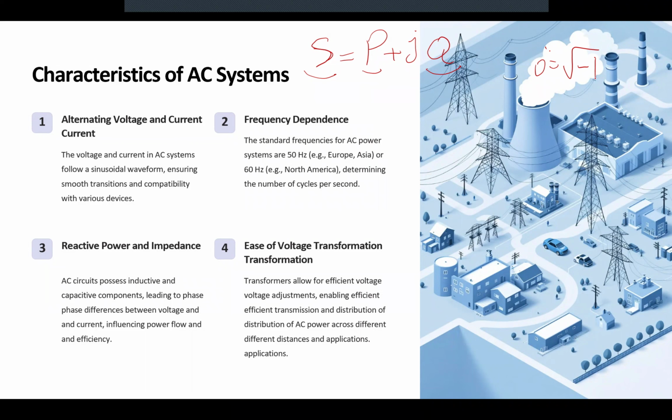Now, the example that I use to show what the reactive power actually is, is a cup of beer.